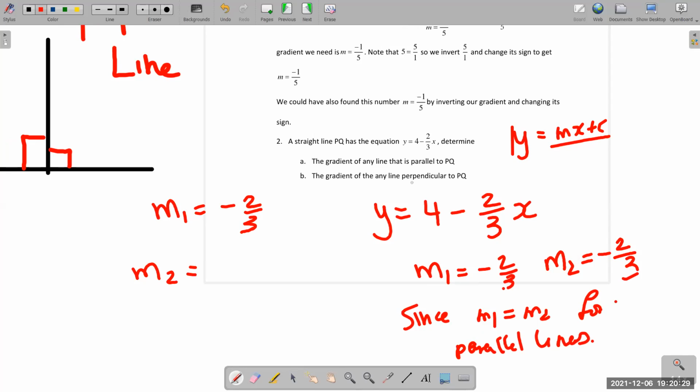Because if the line is perpendicular, we know the gradient is the negative reciprocal, right? So what would be M2? Is it negative 3 over 2? Remember the answer was negative already, so if we add another negative, it's going to be positive 3 over 2.